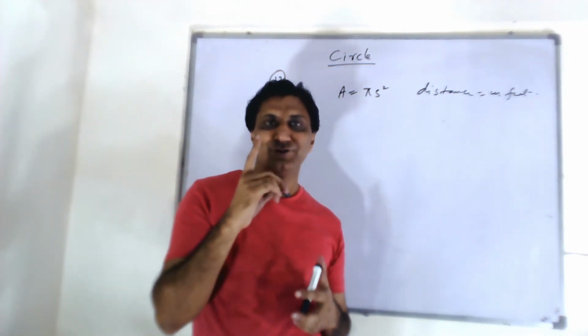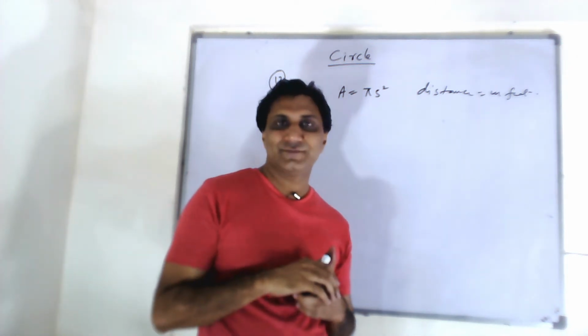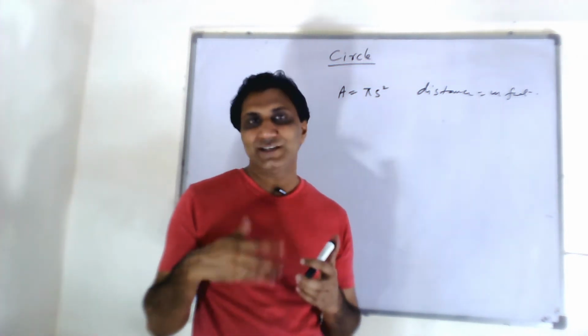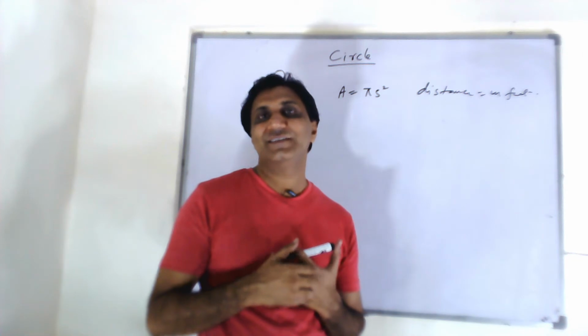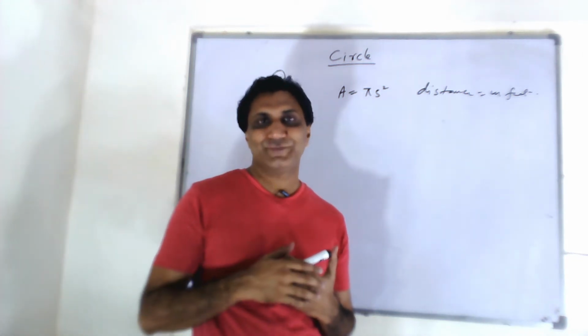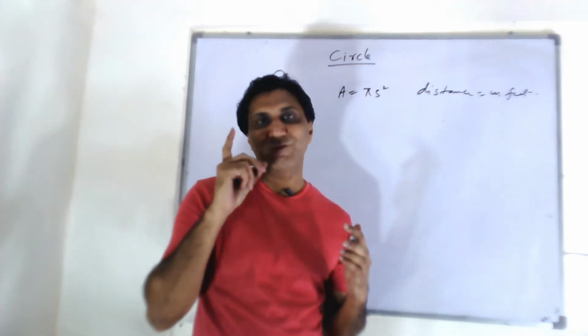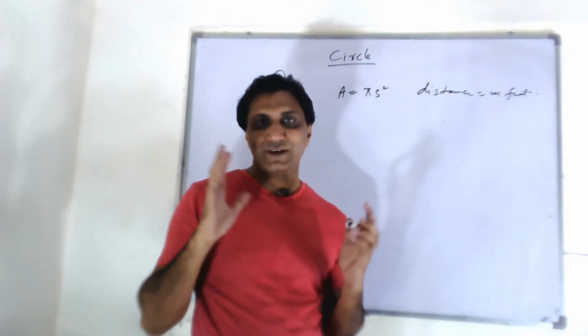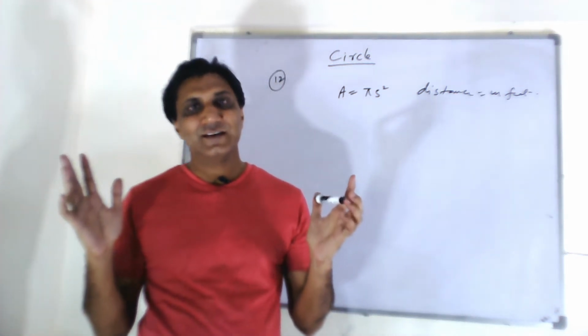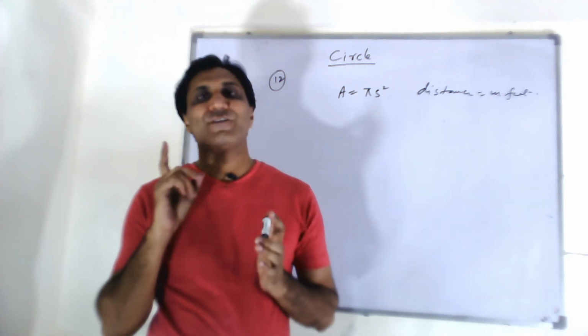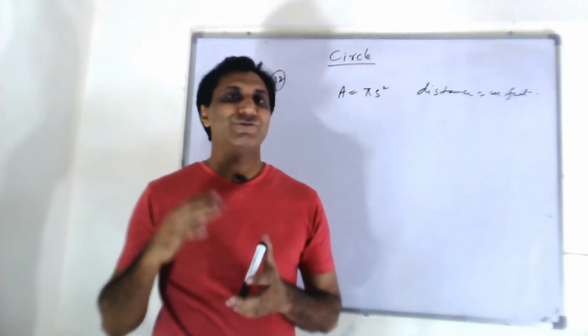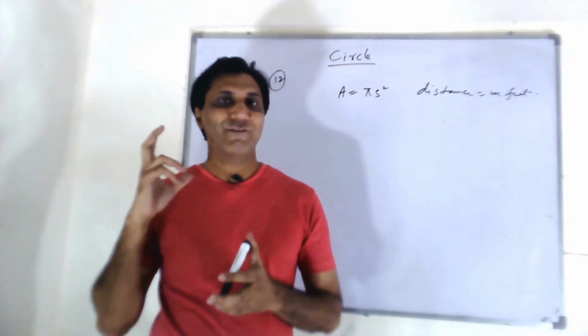In one revolution it travels 2 meters. So how many revolutions does it make in 20 meters? 10. 20 by 2. The total distance divided by the distance of one revolution. 20 meters was the total distance and 2 meters is the distance for one revolution. So what you get? 10 revolutions.